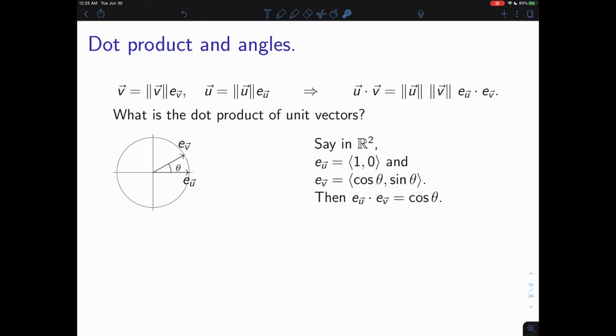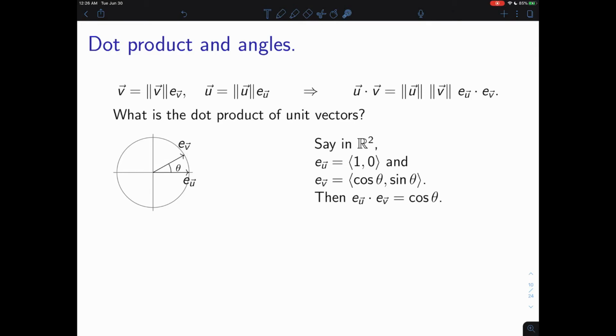And then EV is another unit vector. It's got to be somewhere on this unit circle, right? With an angle theta. And if you remember, a point on the unit circle with angle theta means cosine theta comma sine theta. All right, we've made it so specific that now we're able to figure it out.